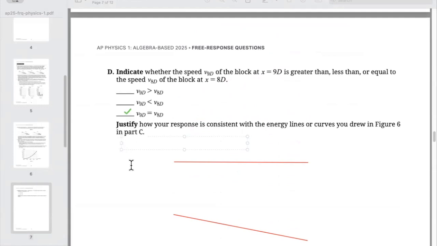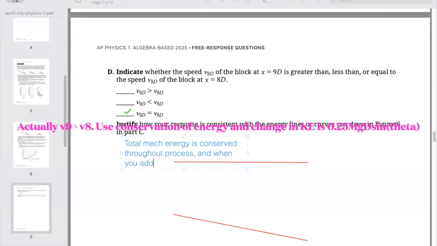Justify how your response is consistent. We just kind of said that, but total energy is conserved. Total mechanical energy is conserved throughout this process. And when you add all your potential energy at both positions, it adds to 4E0.